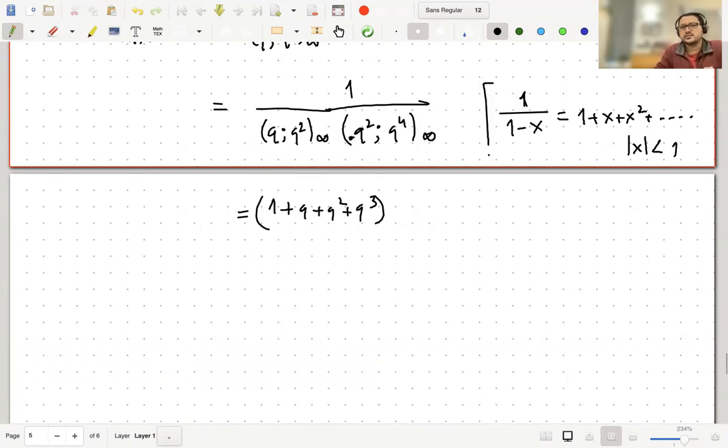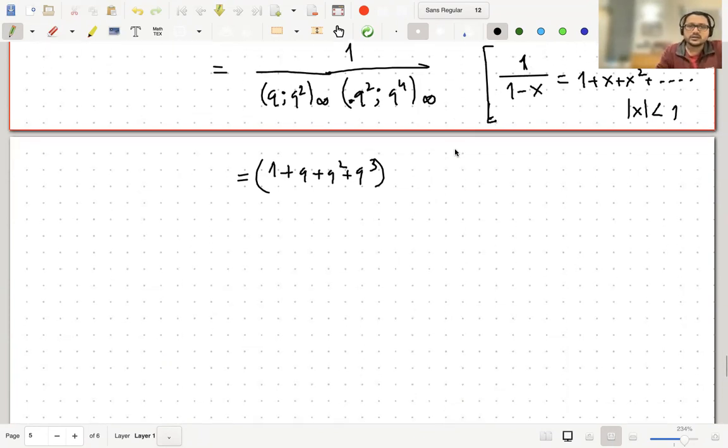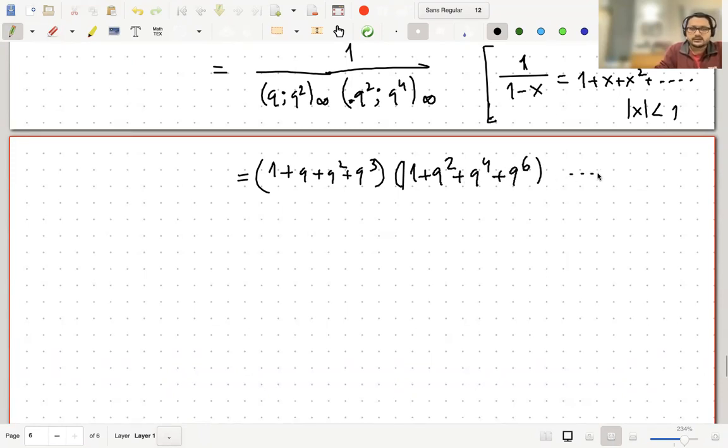For whatever I'm going to say, this is always true. So if I use this, the first thing I'm going to get is 1 plus Q square up to Q cube. Then the next thing I'm going to get is 1 plus Q square plus Q4 plus Q6, and so on. And what is this? This is just the generating function for T2 of n.